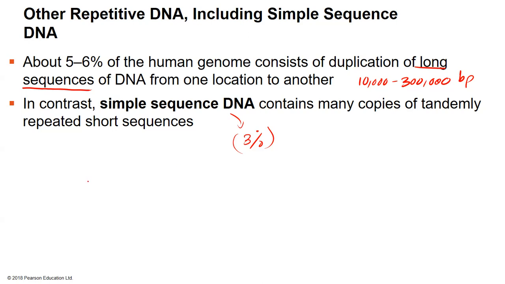So for example, in your book, you have this sequence like GTTAC. This could be repeated hundreds or thousands of times, many times.